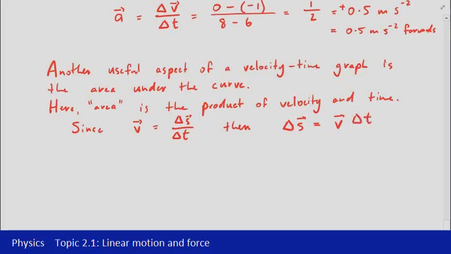So to link those two things together, the area that we're calculating is velocity by time. This equation here, we've shown that velocity by time is equal to the change in the displacement. So that means that the area under the curve is displacement.